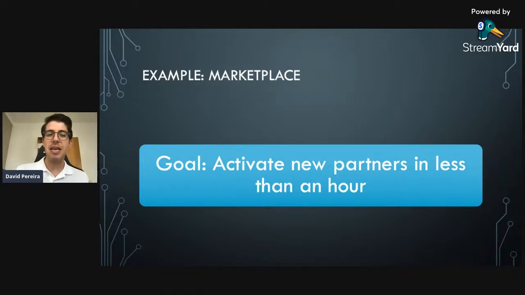So in this case, it means we wouldn't even get to 100, not even 20% of our goal. And then we said, we need to have a self-service, and we can activate partners in less than an hour. That is the goal. You can understand this goal, it's graspable, and there's a reason behind it.